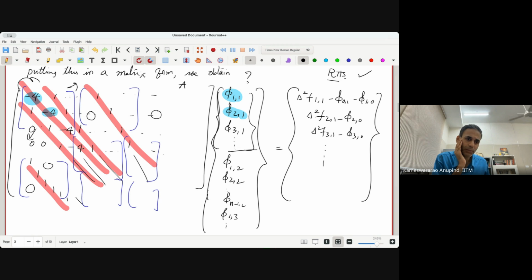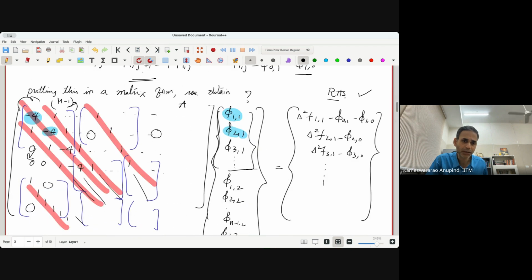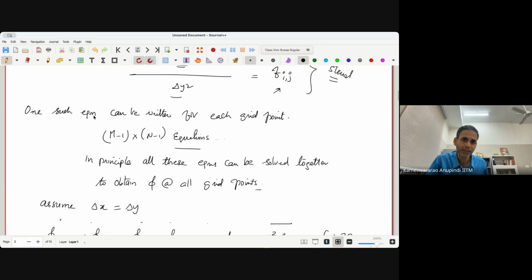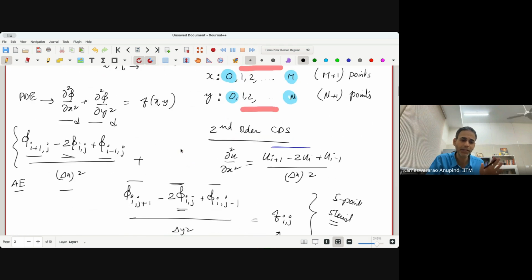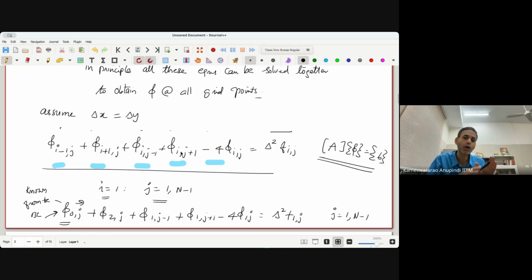The other 2 are separated by a distance of m-1 points, because the dependency on j+1 will only come once you finish the remaining points in the x direction and come all the way back here. You are traveling the rest of the x-axis and then coming back to that position, so this entry will only come after m-1 entries. So you can think of it as a pentadiagonal matrix, but only 3 diagonals are adjacent to each other. The other 2 are farther apart.